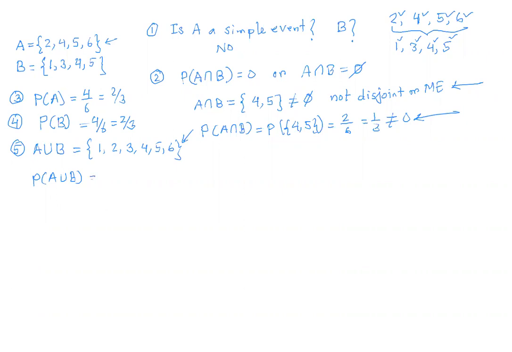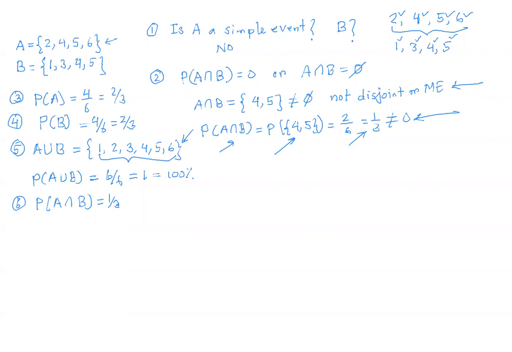If you roll a die, it has to be one of these 6 numbers. So it's 6 out of 6, or 1, or 100% probability. Number 6, probability of A intersection B, which you already did. It is 1/3.